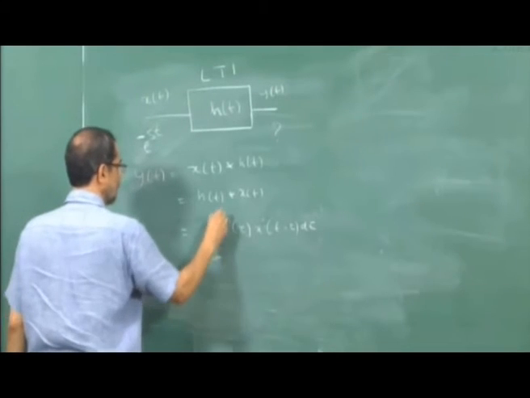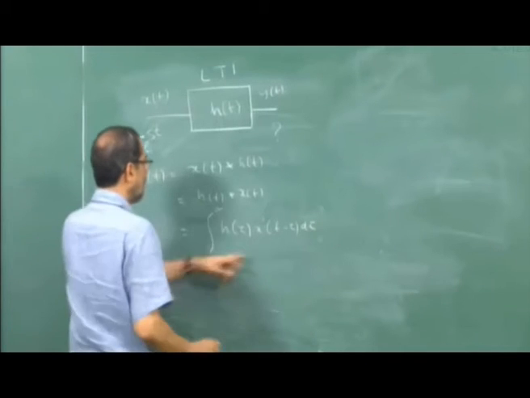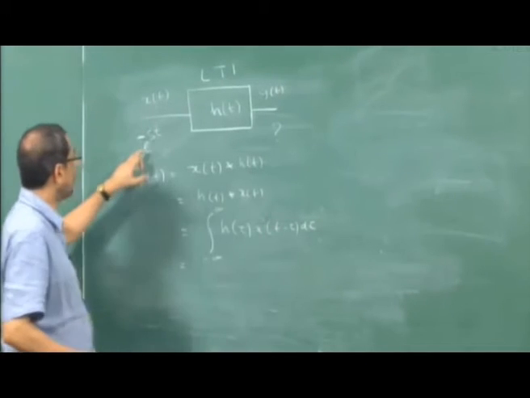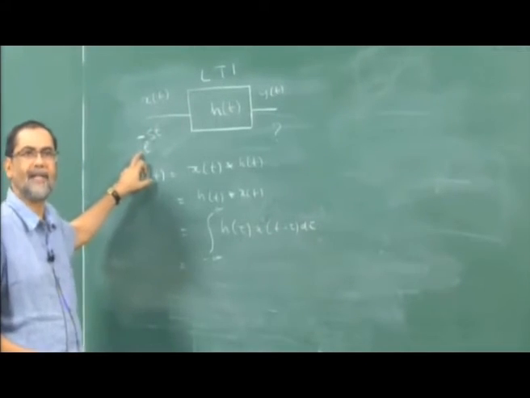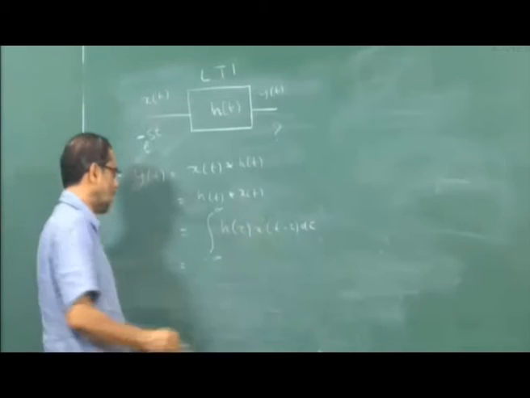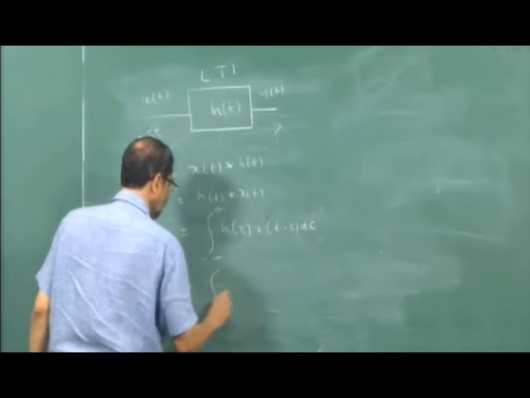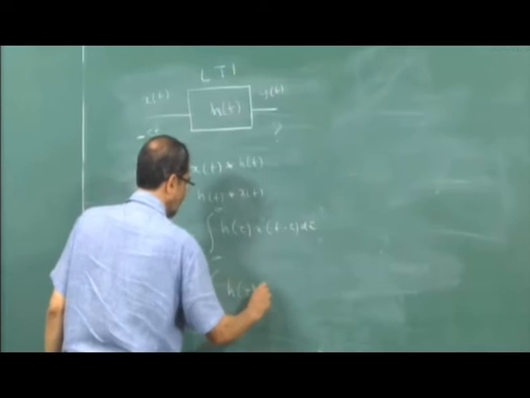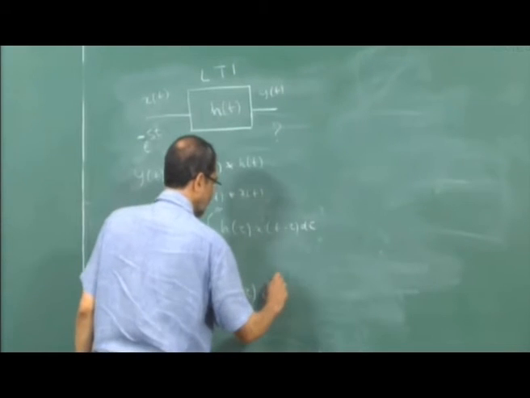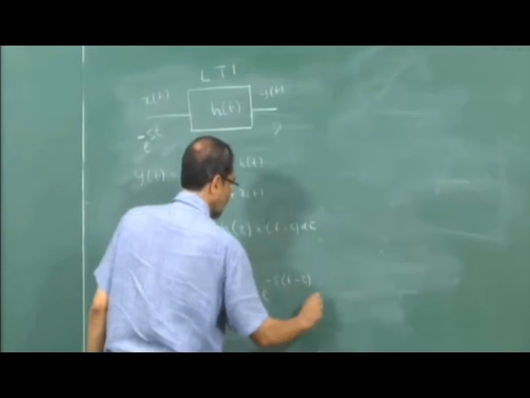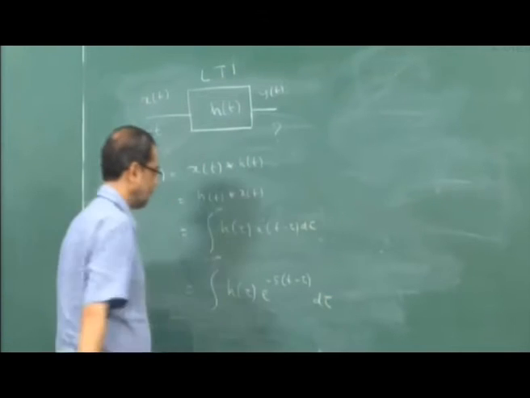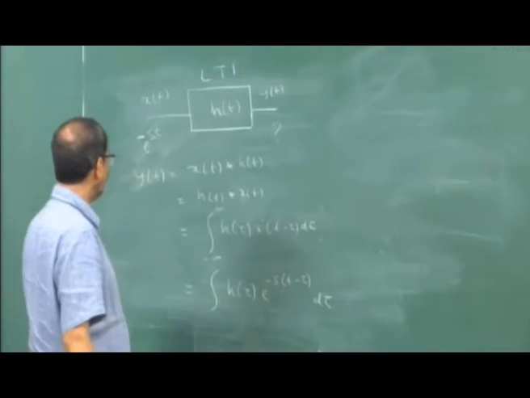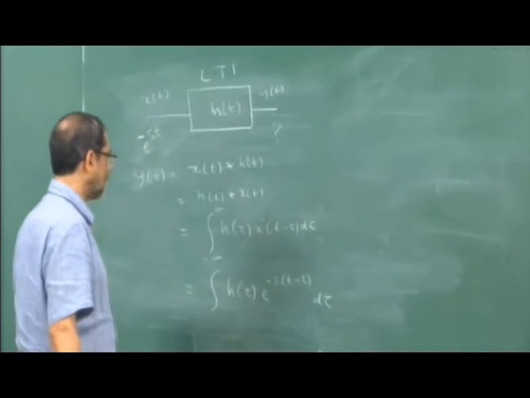But x of t takes a particular value, e to the power of minus st, so let me substitute. That equals h of tau e to the power of minus s times t minus tau d tau. Wherever there is t, I replace it with t minus tau.